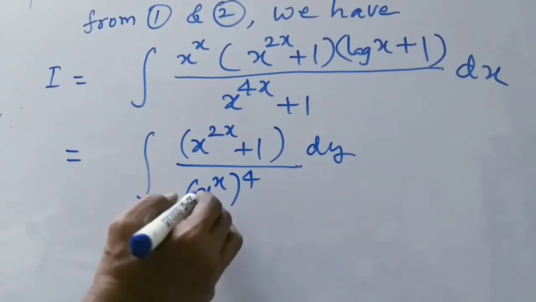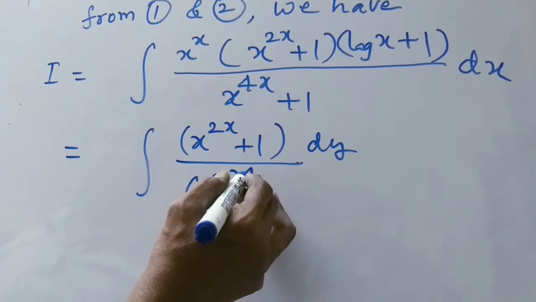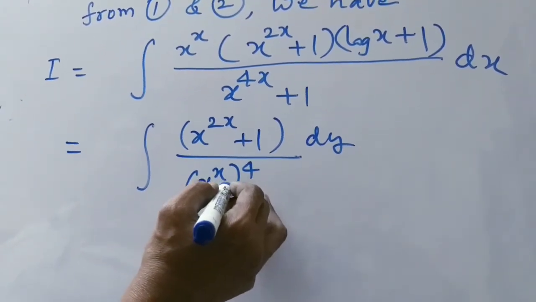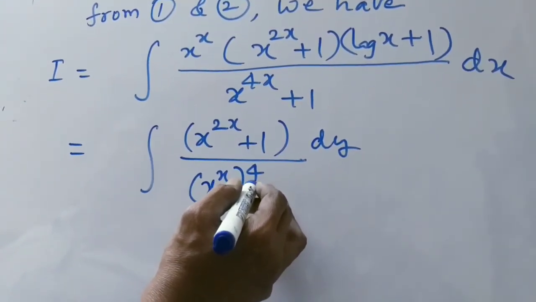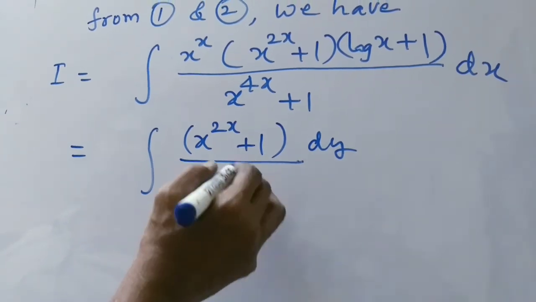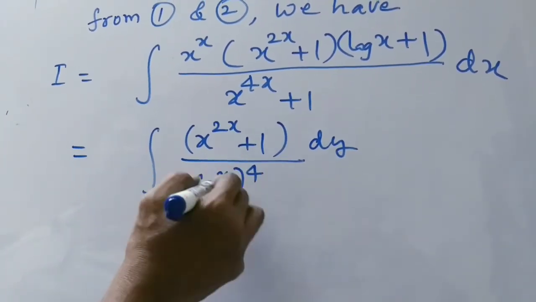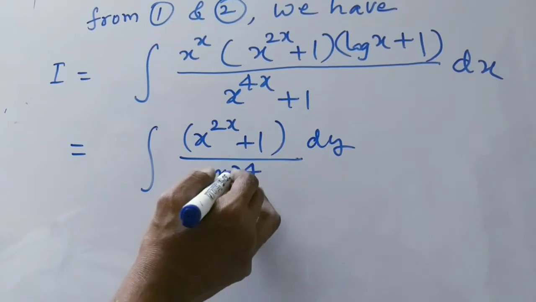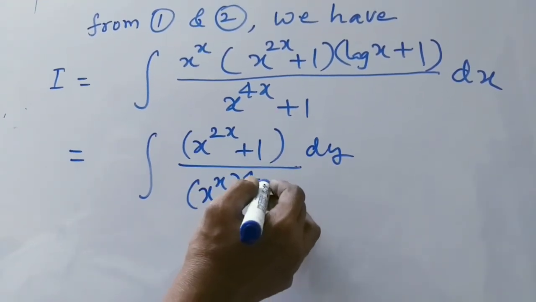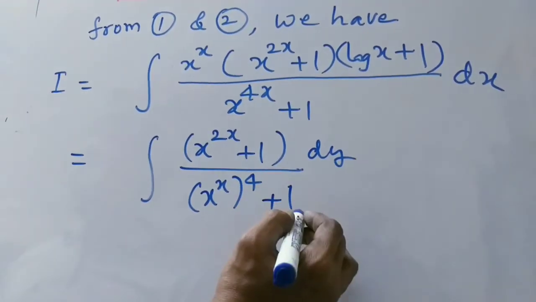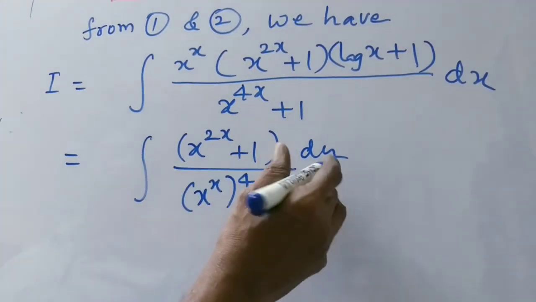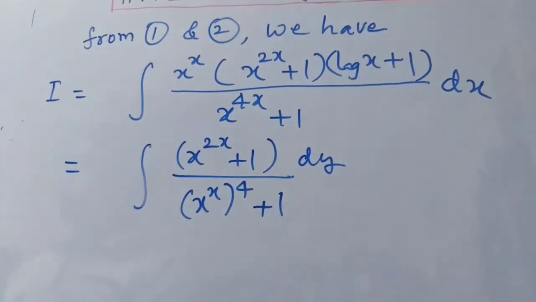Why? Because a to the power of m whole to the power of n results in a to the power of mn. That means here x to the power of 4x is written as x to the power of x whole to the power of 4.